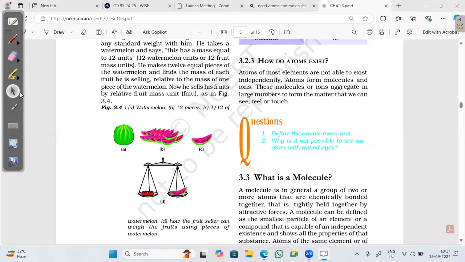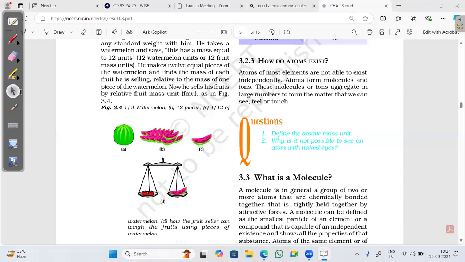We have carbon present in the form of sugar and wood. We have nitrogen present in the form of gas, as well as ammonia, and also as fertilizers. So different atoms may exist independently, but most of them do not. They exist as compounds or molecules.